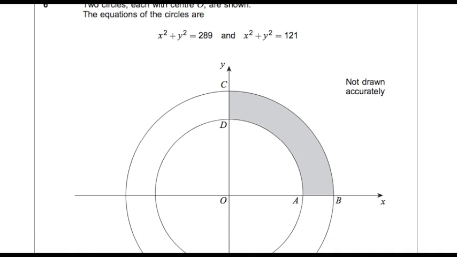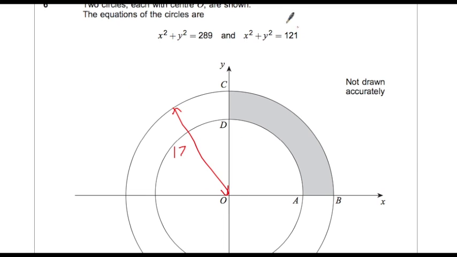So we're going to have to work out all these 4 lines. So first of all, hopefully we recognise these. We can find the radii of these two circles. So OC will be the square root of 289, which I'm not sure on that one, is 17. So we can say this is 17.